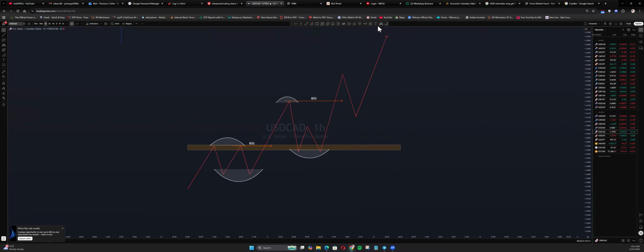So when I talk about the trading range, it means the area in which you're expecting the market to come and give you a confirmation to enter the trade and continue in the same direction, right?